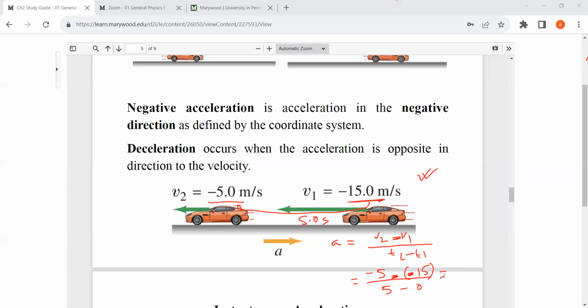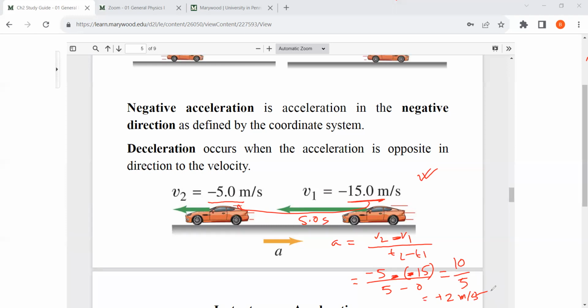So what you see here is minus and minus gives plus, so -5 plus 15 is +10, divided by 5. So we get 2 meters per second squared. We get a positive sign for the acceleration, and the positive sign tells us that the direction of acceleration is toward the positive x-axis.